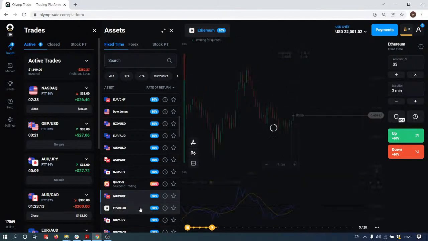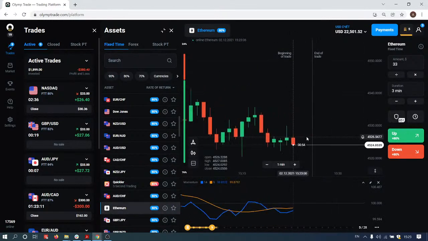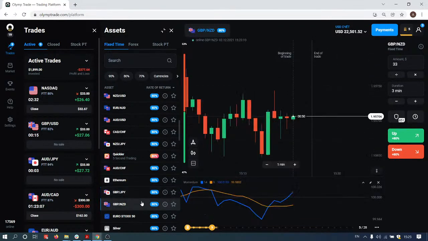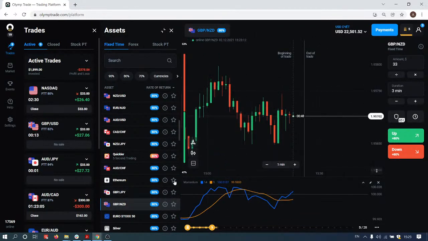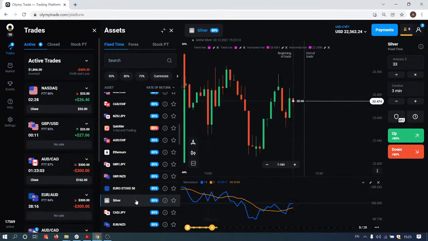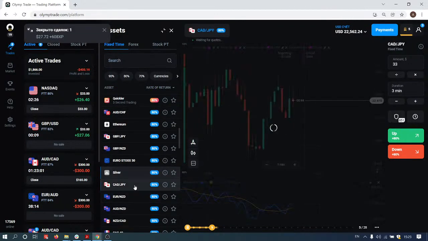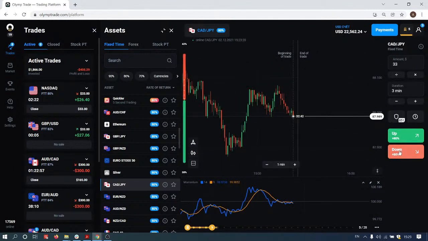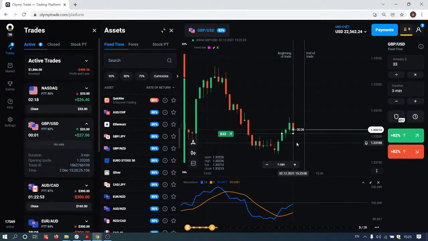But you know what? I like this mode of trading. I like FTT mode of trading. Why? Because I don't have to think about my stop losses and take profits. That's a very liberating thing, when you don't have to think about these stop losses and take profits all the time.